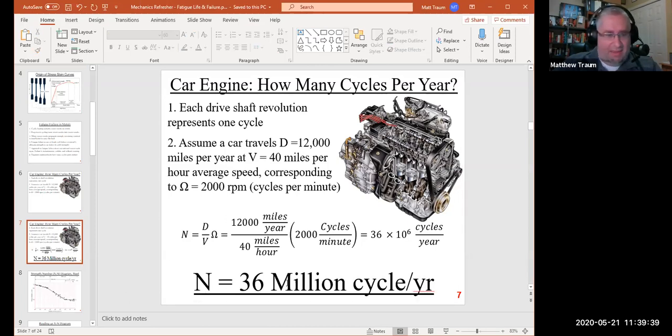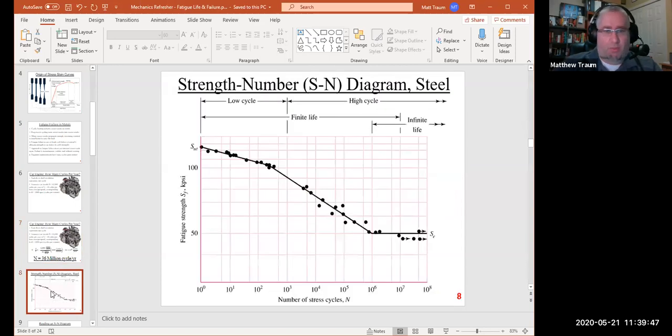Now that we have that number, let's jump into how we use it to figure out the fatigue life for metal components. What I'm showing here is a strength-number diagram, or just S-N diagram, for steel, and the material is important, and I'll talk about that in a little bit.